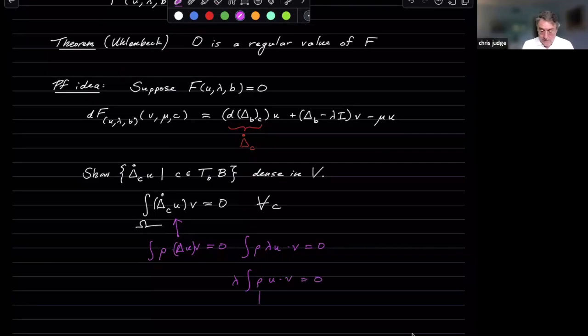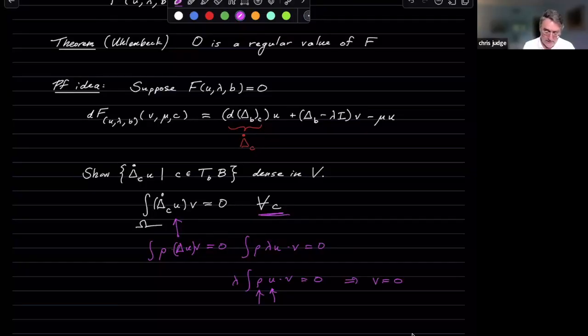And rho is arbitrary, and u doesn't vanish except on a very small set, and so this will imply that v has to be equal to 0. So that's for the conformal part.